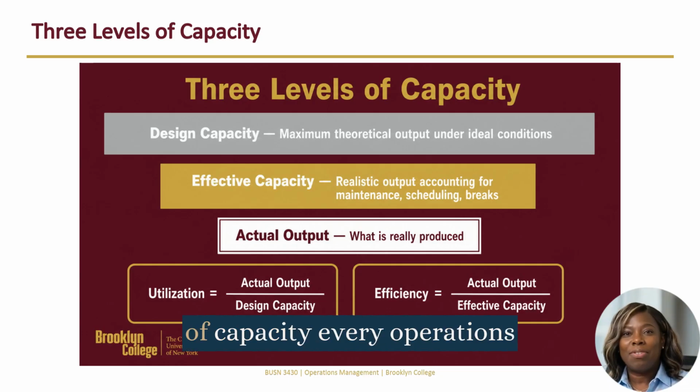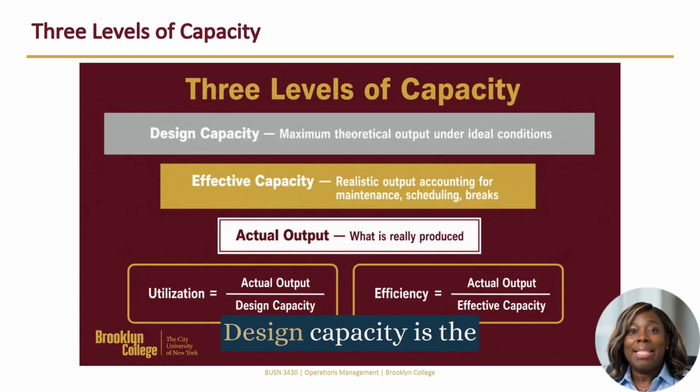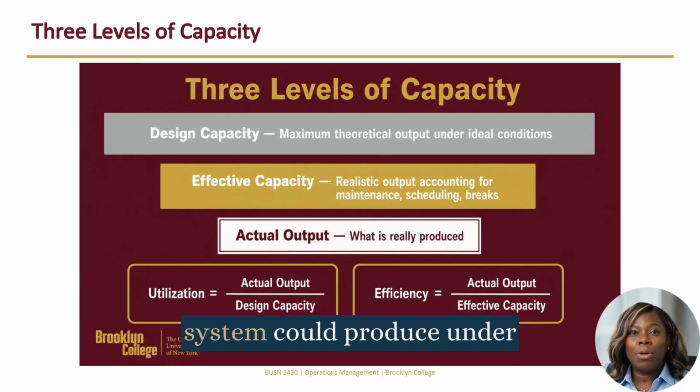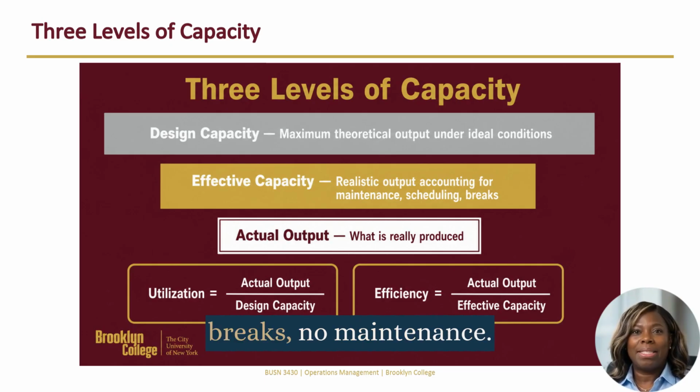There are 3 levels of capacity every operations manager must understand. Design capacity is the theoretical maximum, what the system could produce under perfect conditions, running 24/7 with no breakdowns, no breaks, no maintenance. Effective capacity is more realistic.